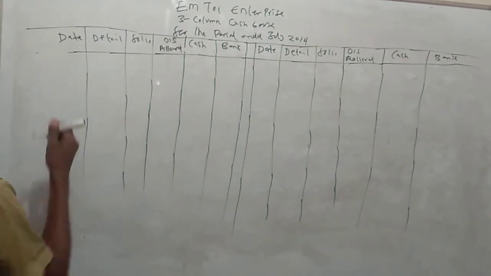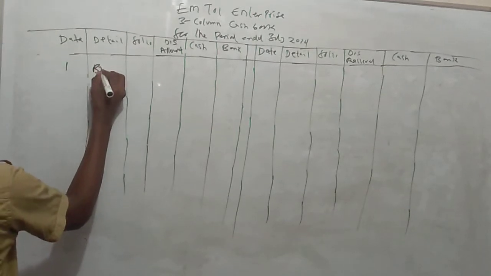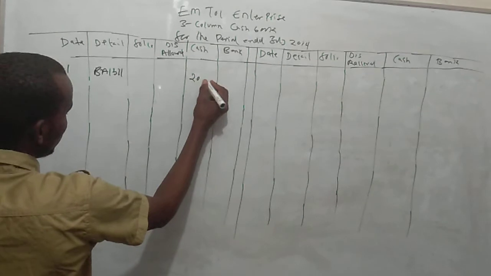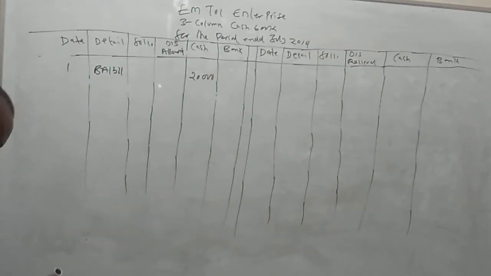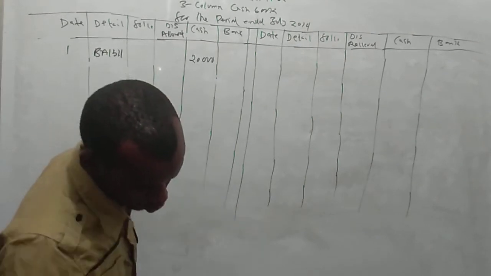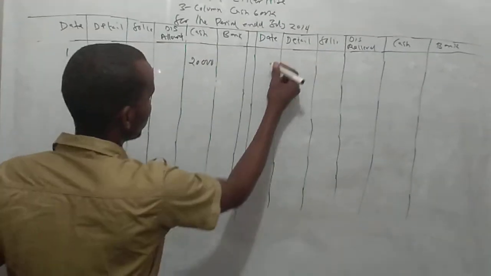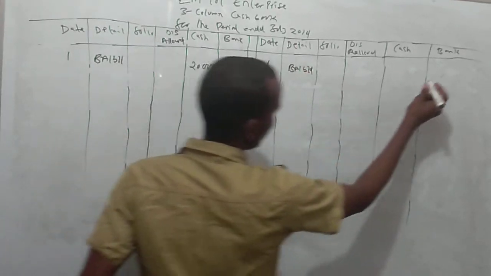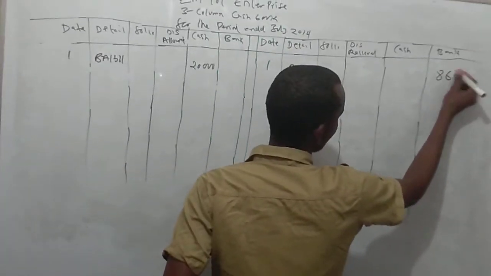Remember, it is on date first. We have the balance brought down, cash of 20,000. And we're told there was an overdraft. Overdraft is recorded on the credit side, overdraft of 8,600. So first, balance brought down, bank of 8,600.